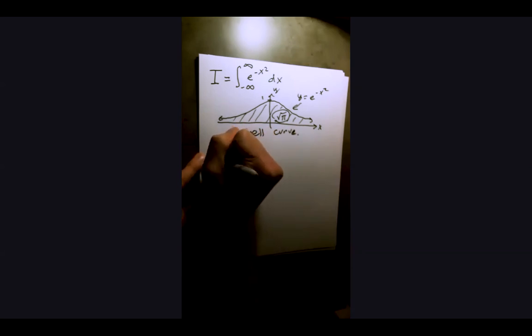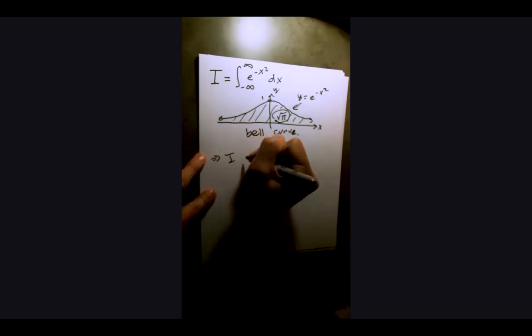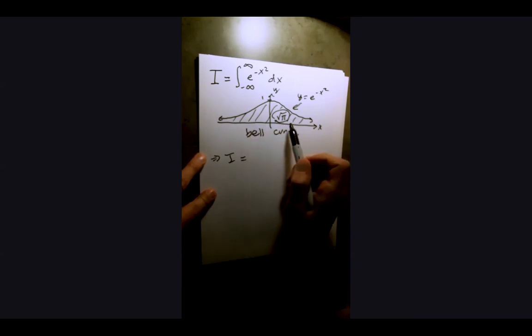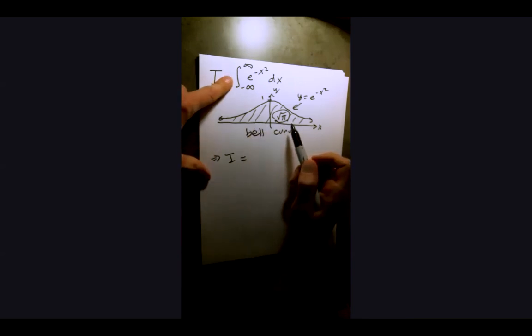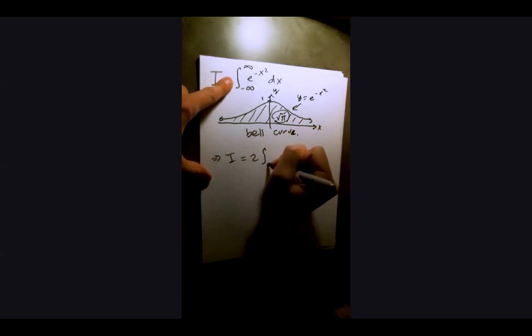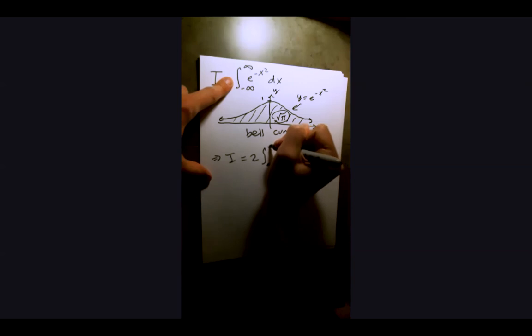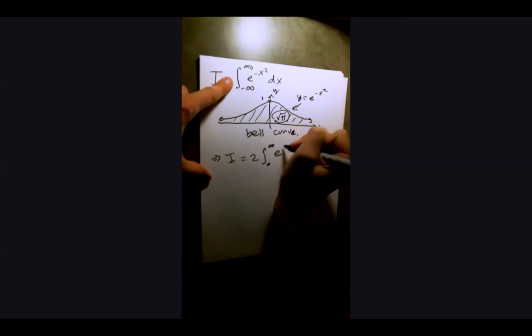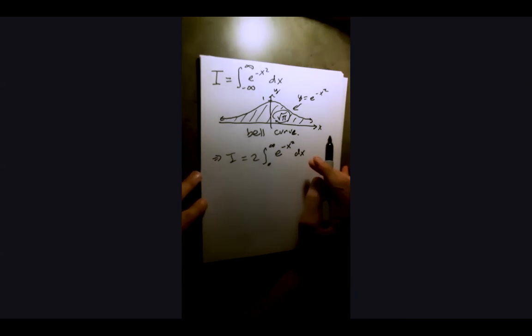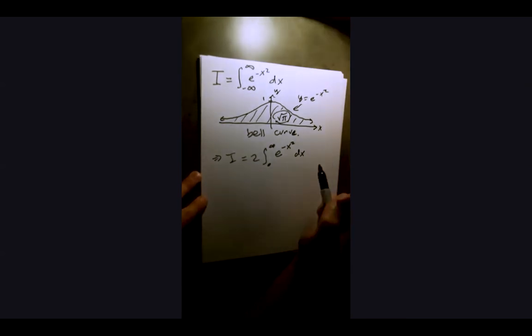One thing we could notice right off the bat is that there's symmetry in this picture. So rather than going from negative infinity to infinity, let's just double the integral from 0 to infinity of e to the negative x squared dx. Now we've got to be a little bit clever, a lot of bit clever.